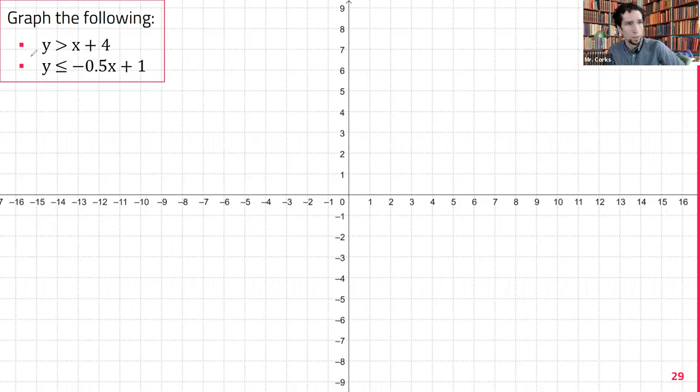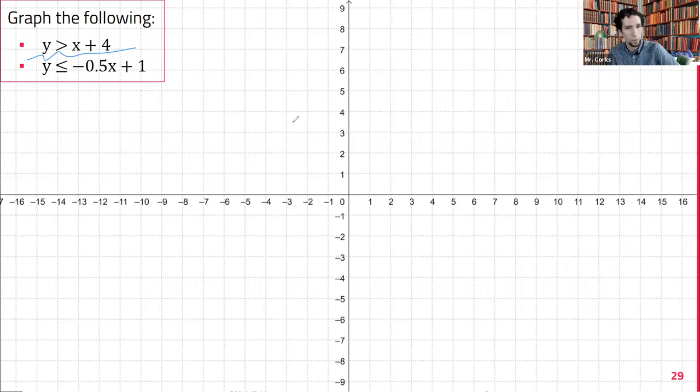Okay, y is greater than x plus 4. If I want to put that on a graph, how can I do that? The 4 is the y-intercept. What's our slope? 1.